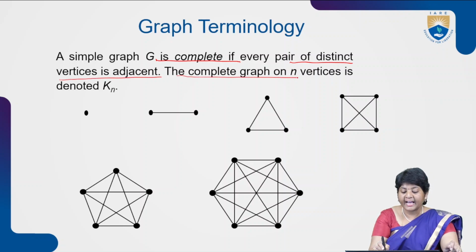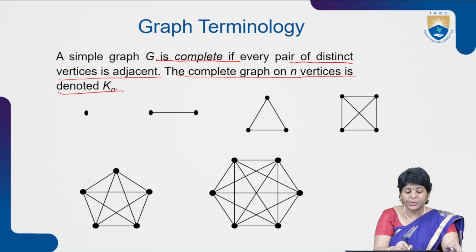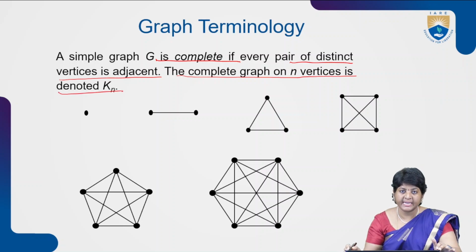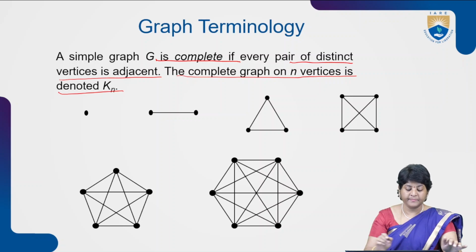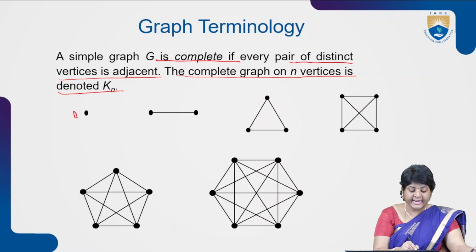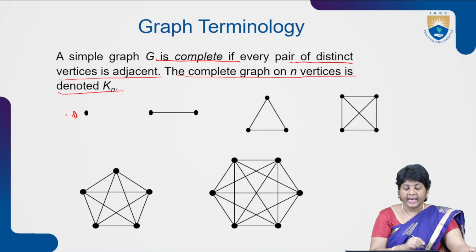The complete graph on n vertices is denoted as K suffix n. Here we will have a few examples. Here only one vertex is there, and this is a complete graph or a simple graph. Here there are no connecting edges because only one vertex is present.